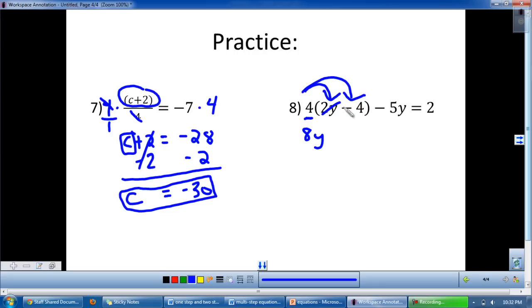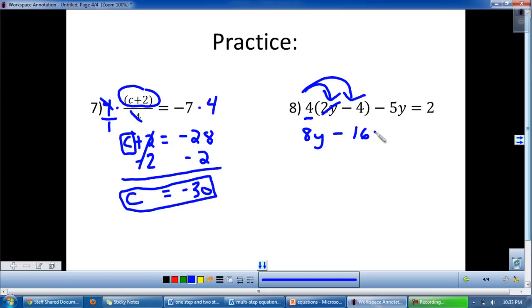Well, it means essentially the same thing. Okay, you can take the 4 times the 4, that gives you 16, and then you can bring down the subtraction sign, or you can just say, okay, 4 times negative 4 gives us negative 16. So either way, you will result in the same expression.